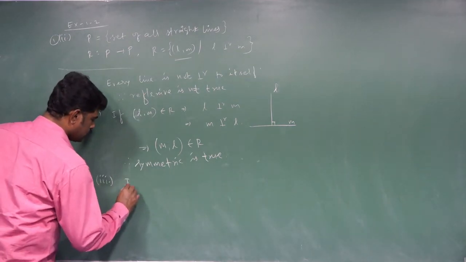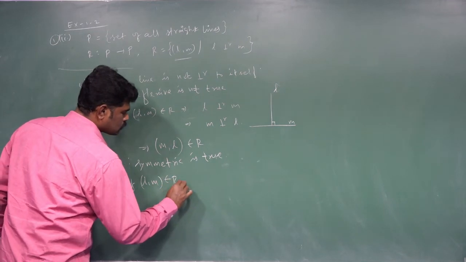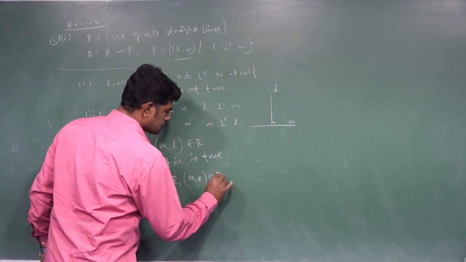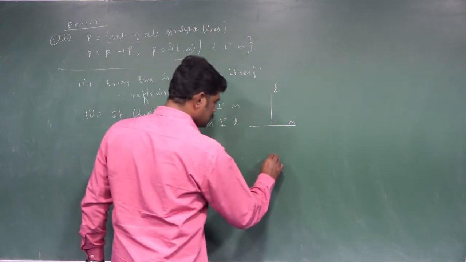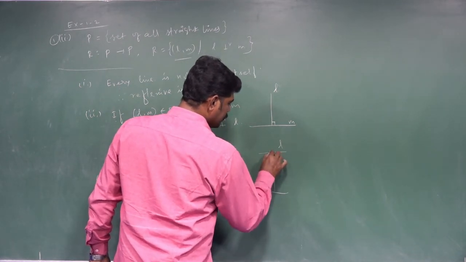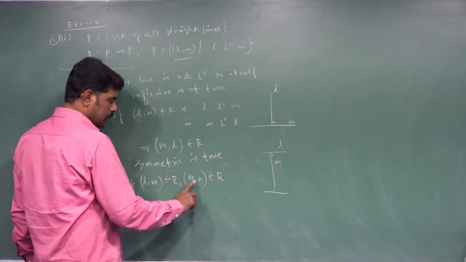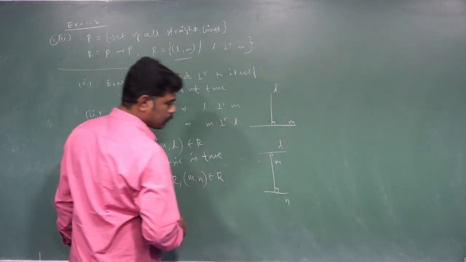Transitive: if (L, M) belongs to R and (M, N) belongs to R. So how can we represent the diagram? This is line L, this is line M, now these two are perpendicular. And one more pair (M, N), this is another line N, these two are perpendicular now.